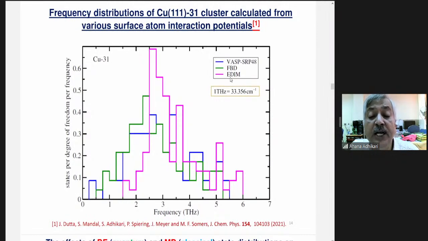EDM is extended diatomic molecules, a method that gives you the frequencies of a cluster of copper containing 31 copper atoms in 3 layers, situated in the 111 index. Okay, that is the preparation of the surface.